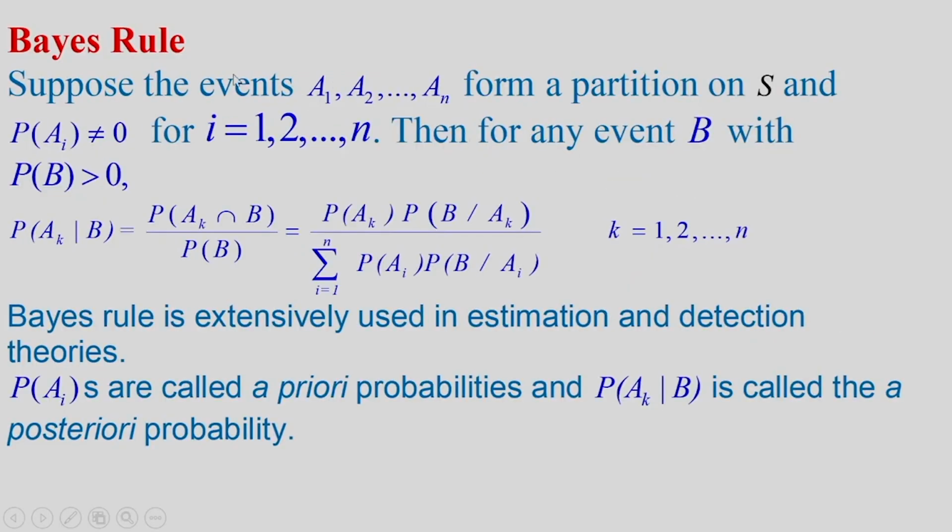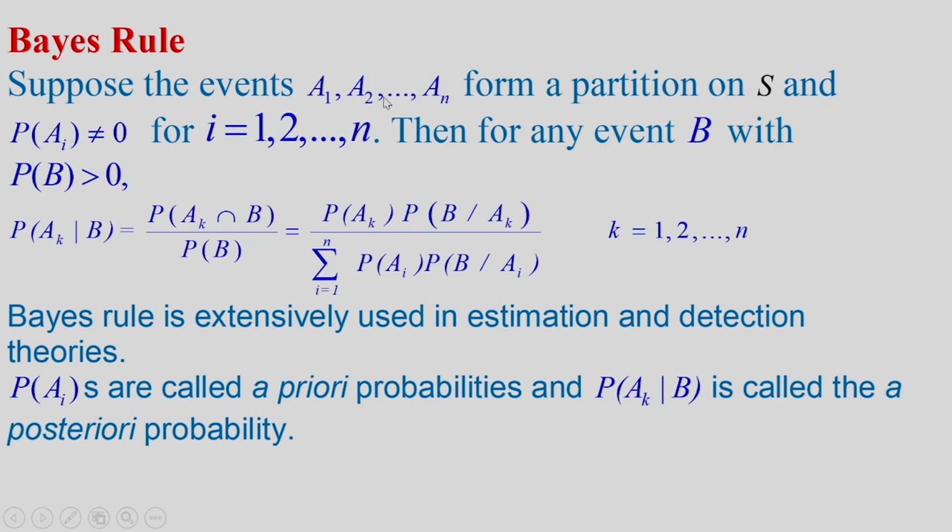Now, we go to one of the very important results, what is known as the Bayes rule. Suppose the events A1, A2 up to An form a partition on S, we know what is a partition, and P(Ai) is not equal to 0 for i equal to 1 to n. So, each of these probabilities is non-zero and these probabilities are called a priori probabilities.